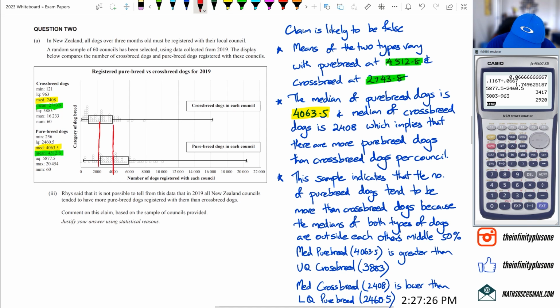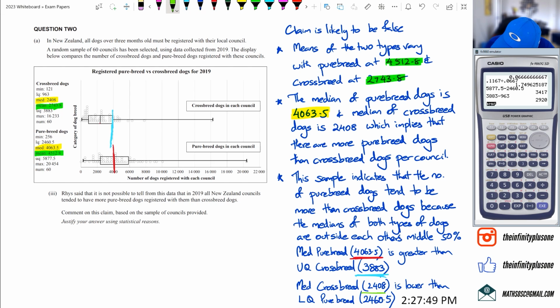I don't know if I'm going to make sense here, but let me do it this way. The 4063.5, which is the median of the purebred, is greater than the upper quartile of the crossbreed. The upper quartile of the crossbreed is here, so you can see that it's more than.